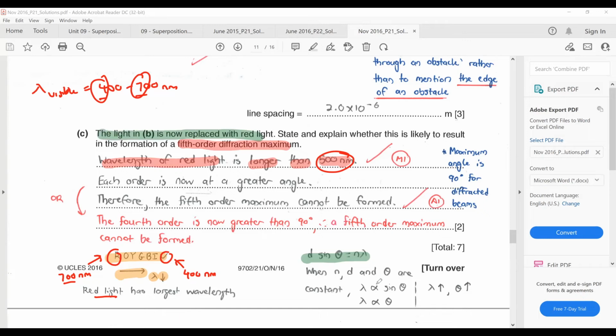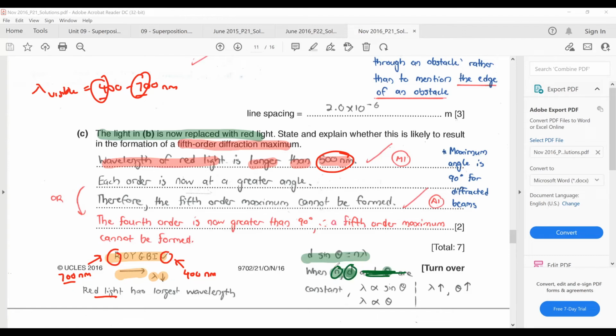You did not change anything else about the apparatus. That means n and d are constant. d is constant because the grating did not change.